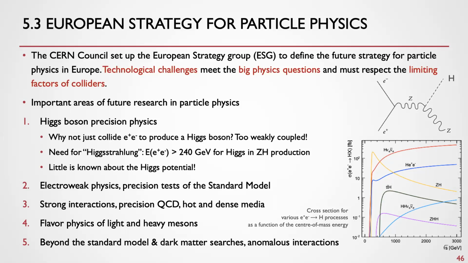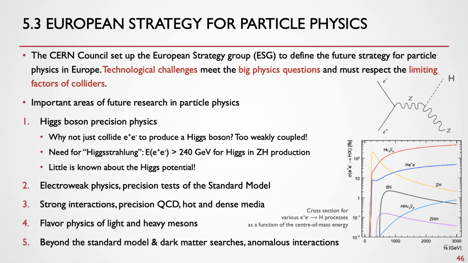So to see where we could be going, the CERN Council set up the European Strategy Group to define a future strategy. One needs to discuss the technological challenge of building larger colliders to meet the big physics questions that we have.